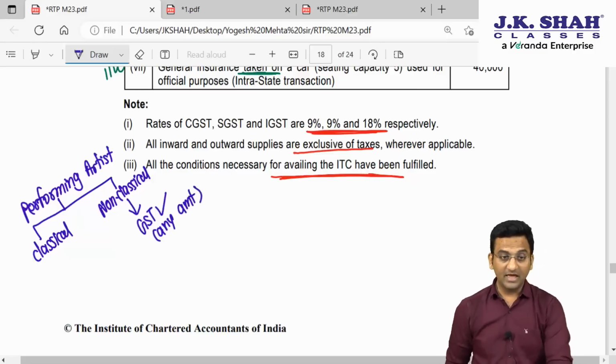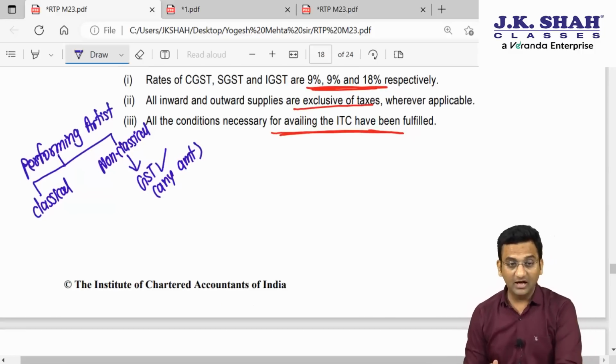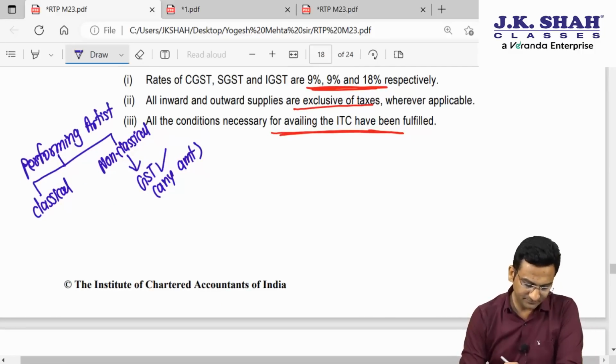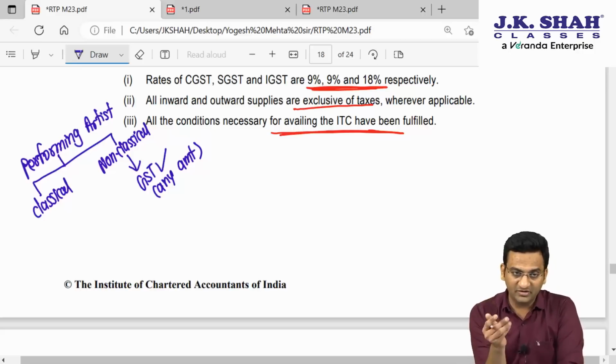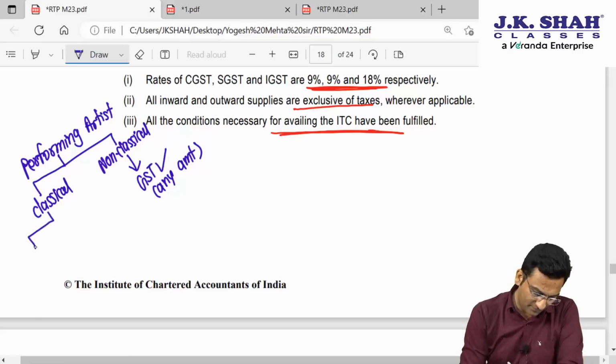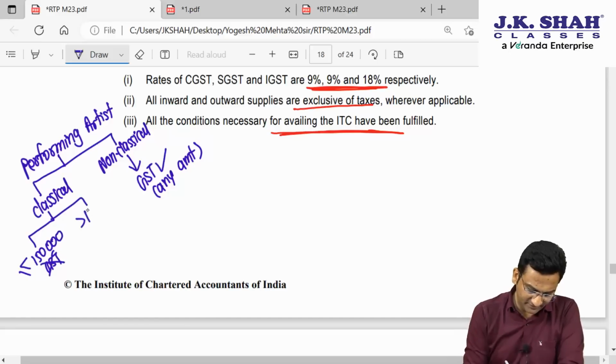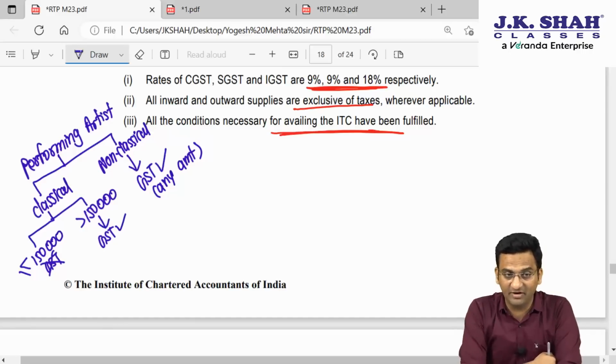And if the performing artist has given a performance in classical form, then if the consideration is less than or equal to 1,50,000, GST is exempted. And if the consideration is more than 1,50,000, there will be GST levied on this.